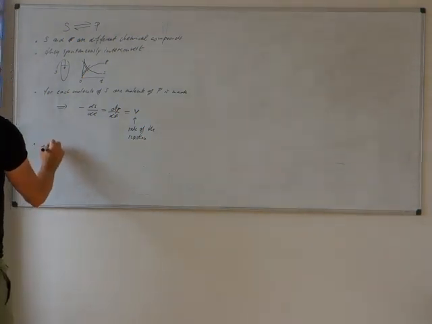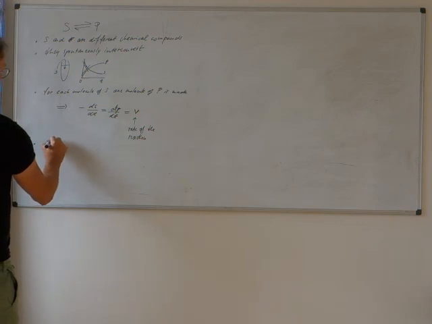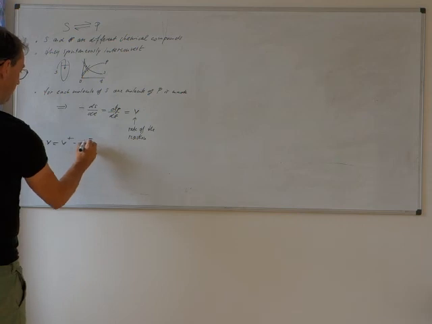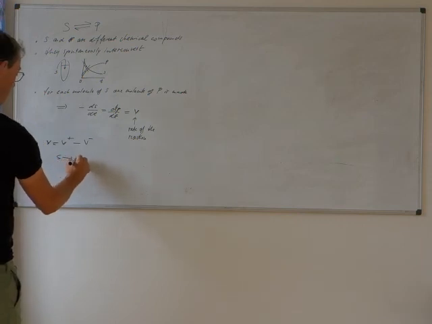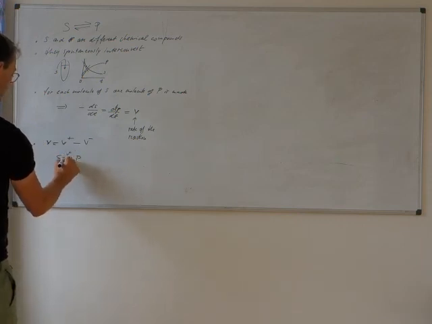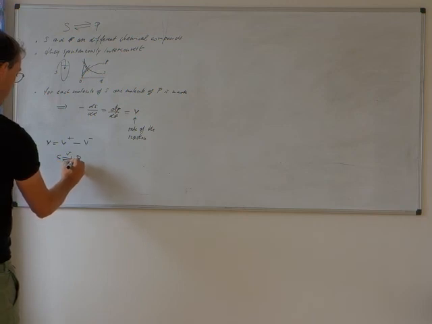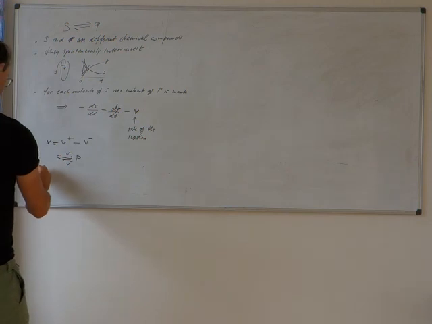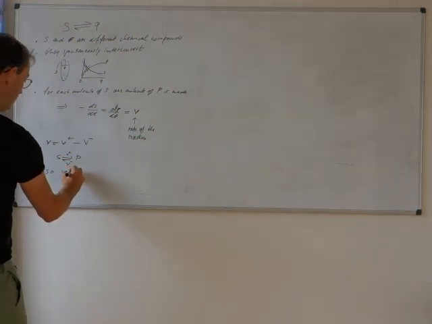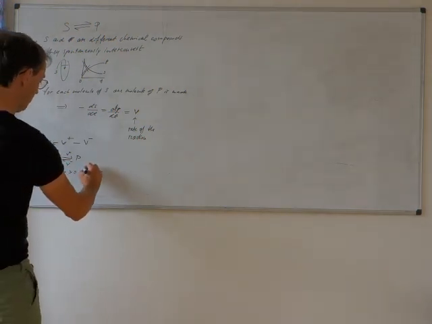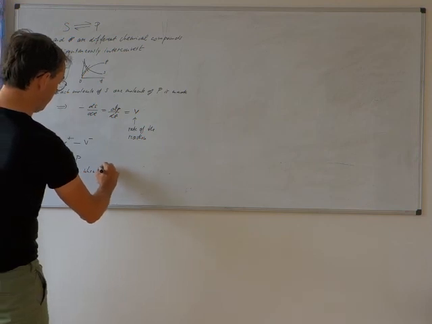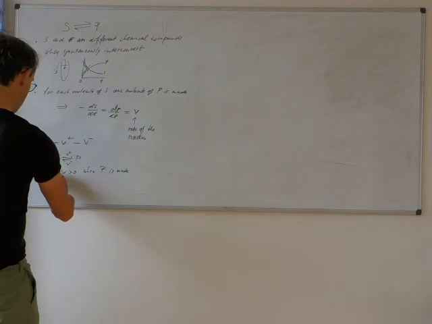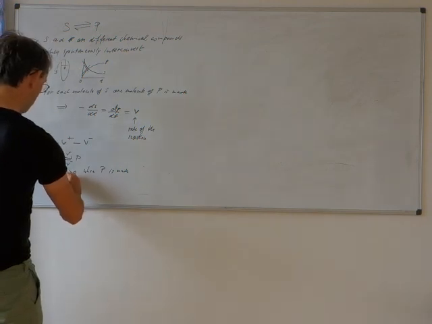Now the rate of the reaction V has a forward component, V plus, and a backward component. The forward component is S to P, and the backward component is the conversion of P to S. So V is positive when P is made, and otherwise negative.